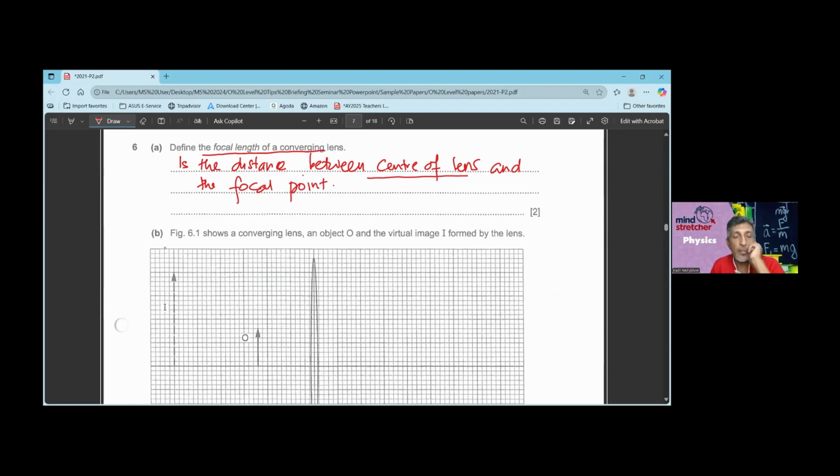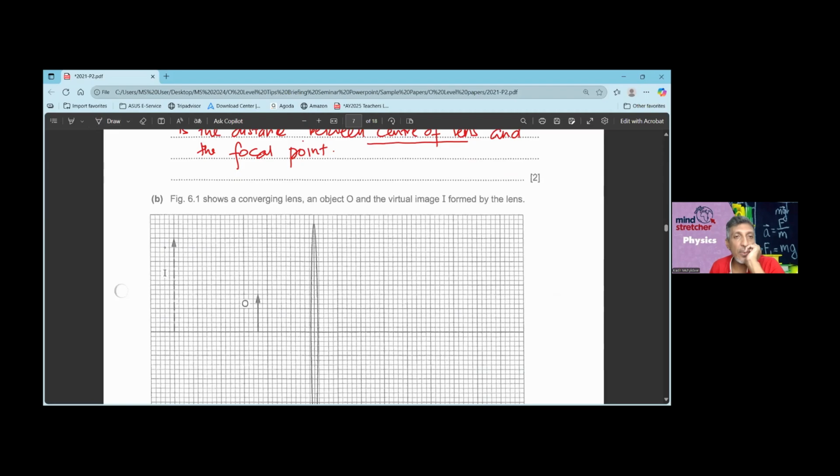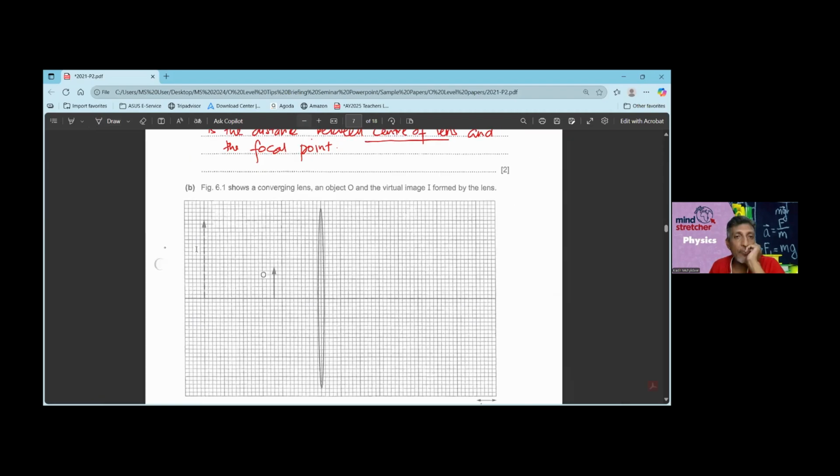The focal length is the distance along the principal axis. So the focal length of a lens is the distance between the center of the lens and the focal point. I'm just giving you a straight, easy answer there.